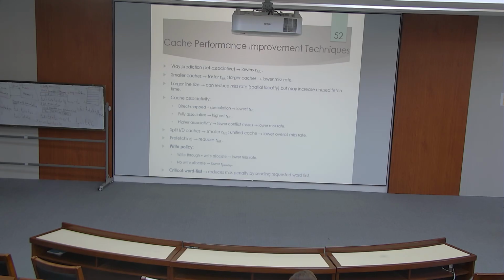Then we have multiple blocks from the memory competing for the same cache line, so we have higher conflict misses. But if we have a higher associativity, this lowers the conflict misses that are observed for the direct map caching technique.